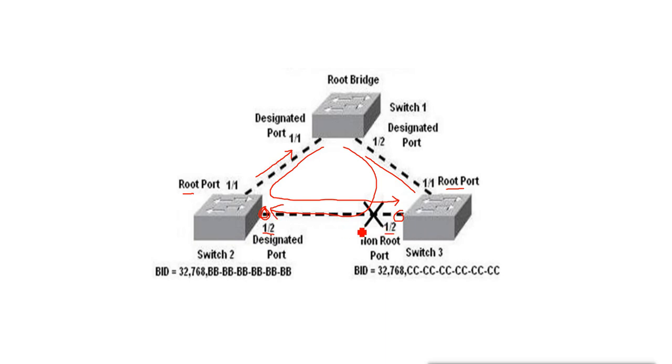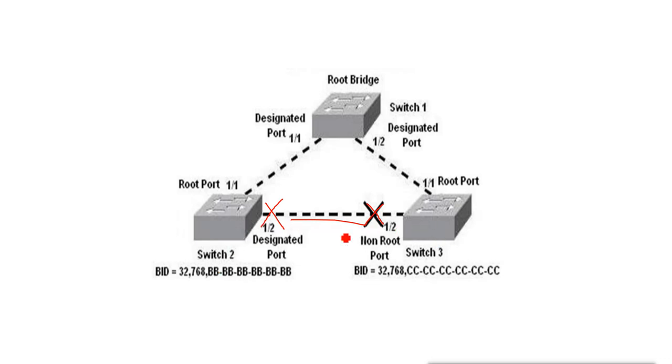Why is that? Because if it is blocked on both sides, remember the blocking state, they will not exchange any BPDUs. For example, if this side is blocked, it goes to blocking state. And if this side is also blocked, that means switch 2 is blocking the port and switch 3 is also blocking the port.